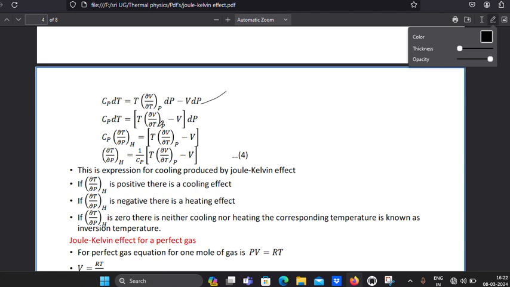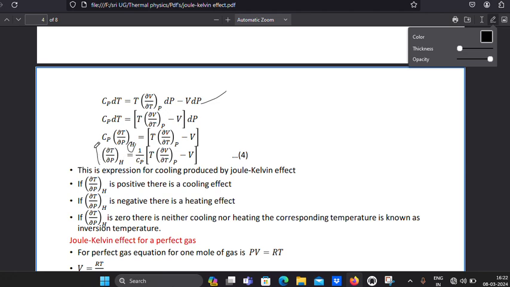Can we take it common? Yes, we can take common. Now bring this dP this side and write dT as ∂T/∂P. If you bring this side, it comes in the denominator, ∂T/∂P into Cp at constant H. And Cp, bring this side, it comes like this in the denominator. It is multiplying, so this side divides.